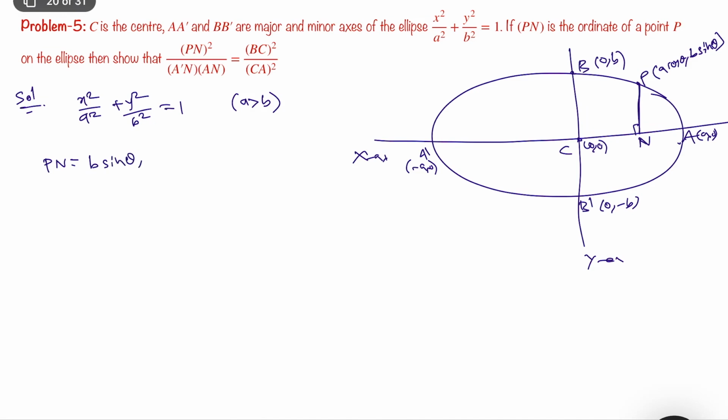And this CN is going to be the abscissa of the point P, so CN equals A cos theta. Fine.